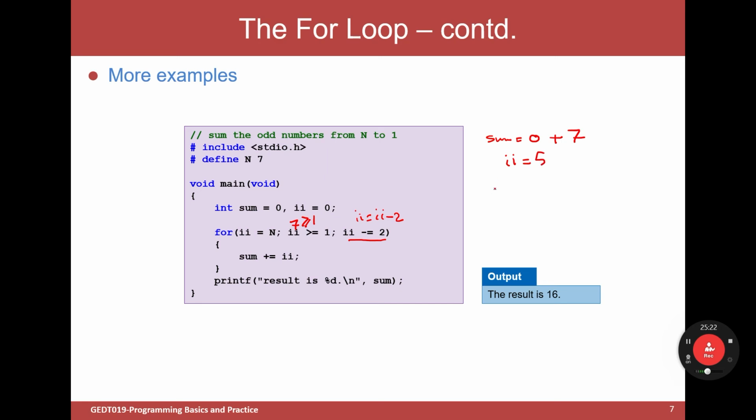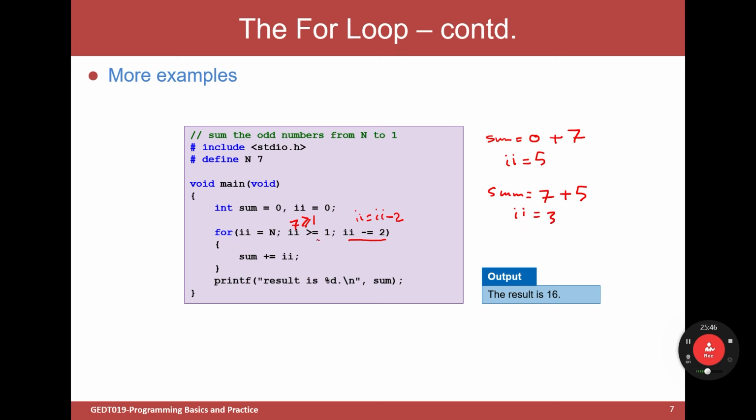Okay, new sum, the next line. So the sum is equal 7 plus the new I. The new I is 5. So 7 plus 5, this is the new sum. And then update I minus 2, it will be 3.